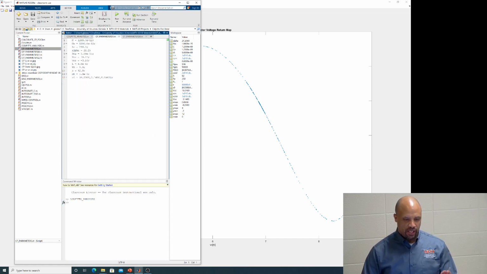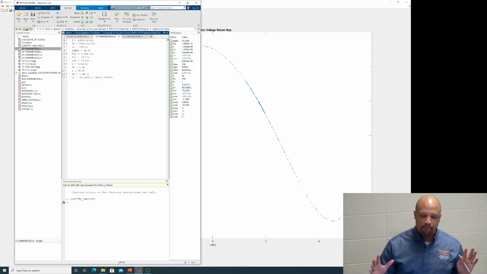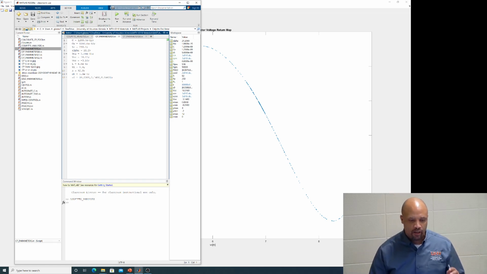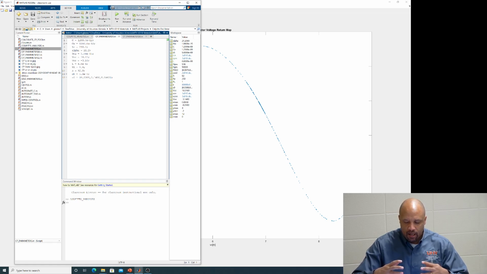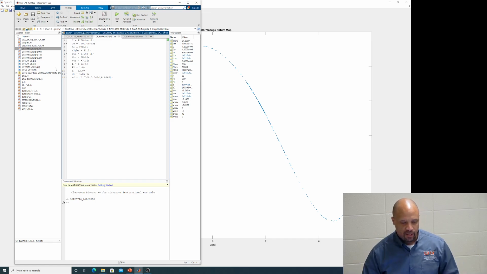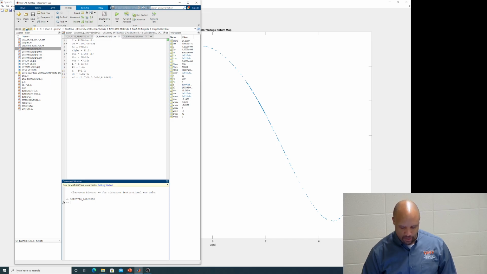So I know that by making this resistance value a little bit bigger, it's going to shrink the attractor. So I'm going to make this 102. All right, I'm going to save that, and now I'm going to run it again.